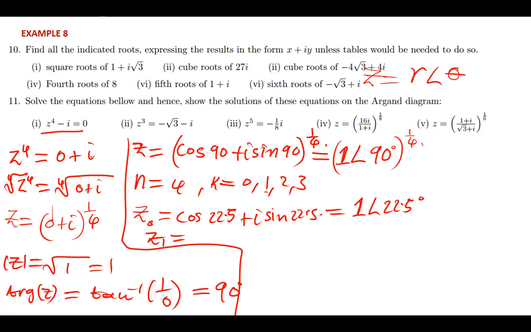Then divide by the value of n, following the formula I showed you, which is 4. When you divide that by 4, the answer will be 112.5. Okay, let me write it properly.